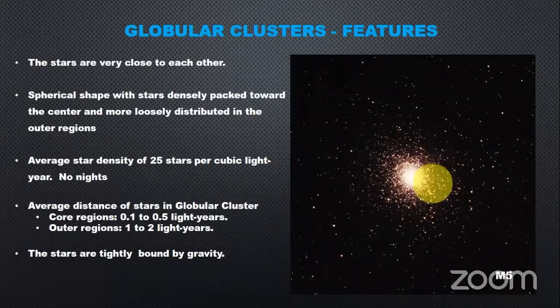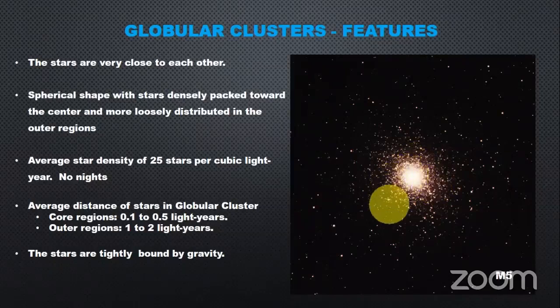Now, the average star density in a globular star cluster is a minimum of 25. Remember, for the open star cluster, I said about 1 to 10, but for a globular, it is a minimum of just 25 stars per cubic light year. So that's a lot of stars.